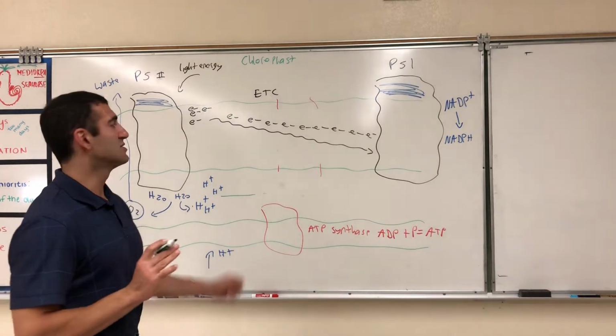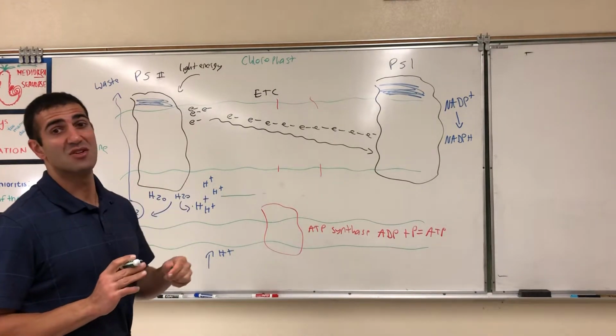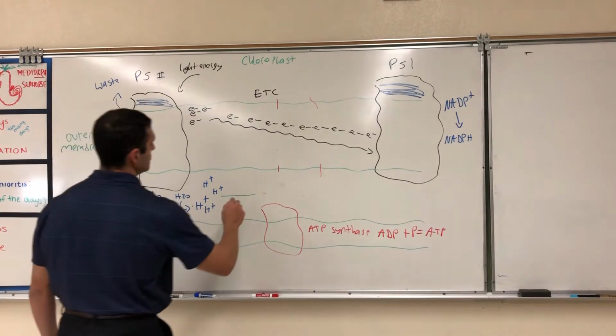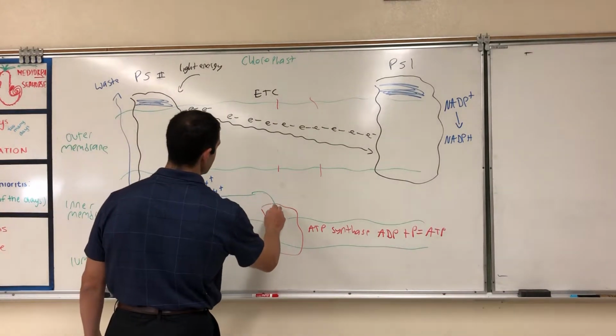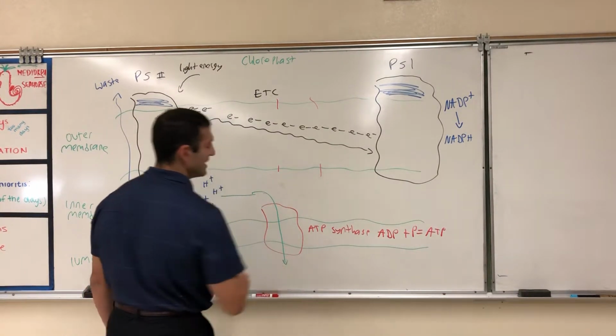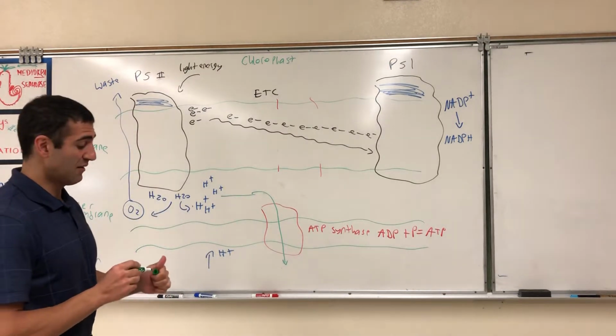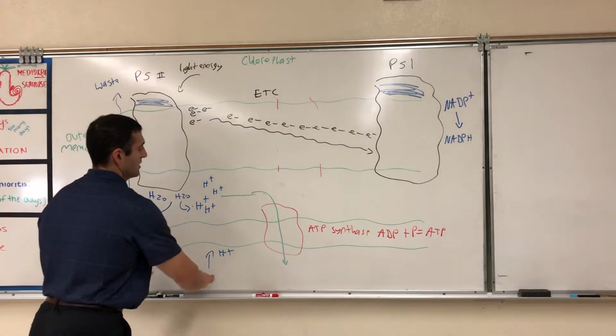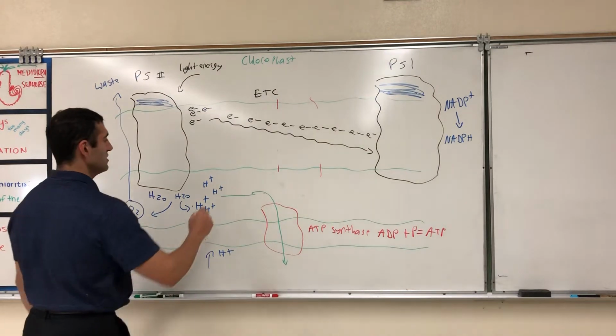Now, this energy from the electron movement is actually going to cause hydrogens to move down through ATP synthase and into the lumen of the chloroplast.